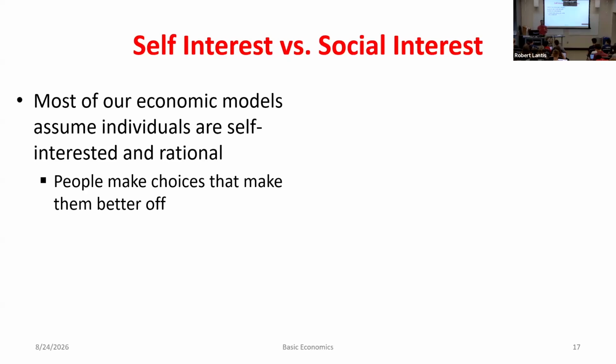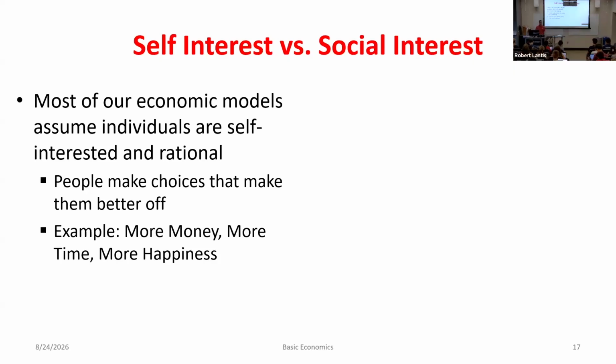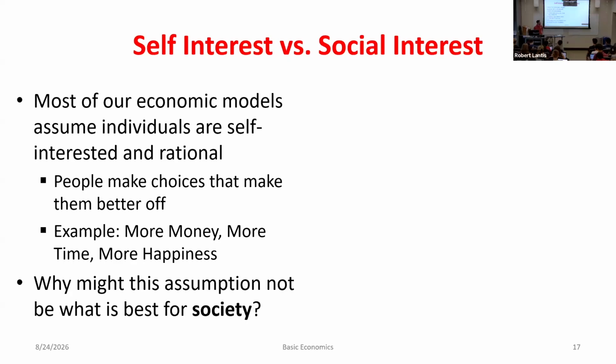Well, those two people have very different enjoyment, or they have different scarce resources. I have a 2-year-old son, so things like going to the gym don't exist for me, right? So we're still thinking people are taking their scarce resources, time and money, and making self-interested rational decisions. Okay? So more money, more time, more happiness.